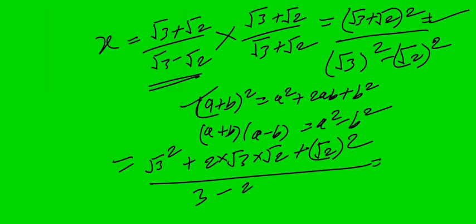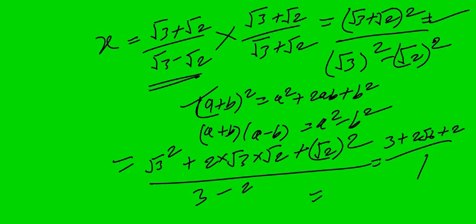So finally what will come: root 3 square is 3, then 2 into root 3 into root 2, so it will come 2 root 6. So plus 2 root 6, and root 2 square is 2, upon 1.